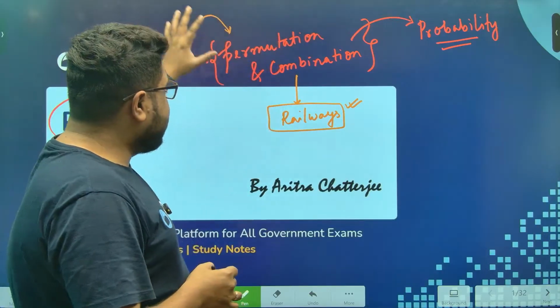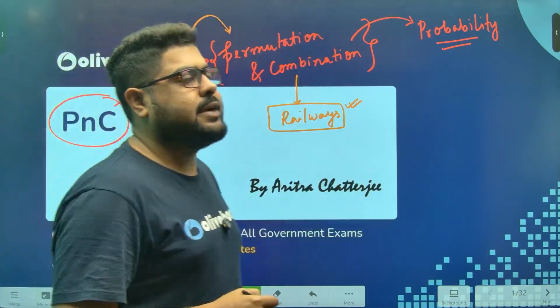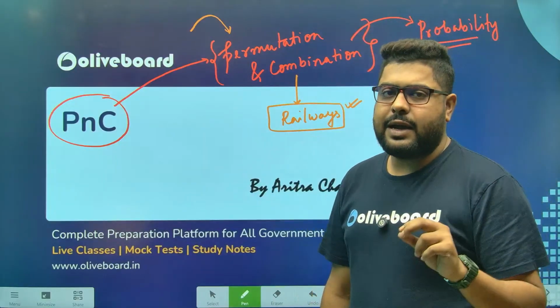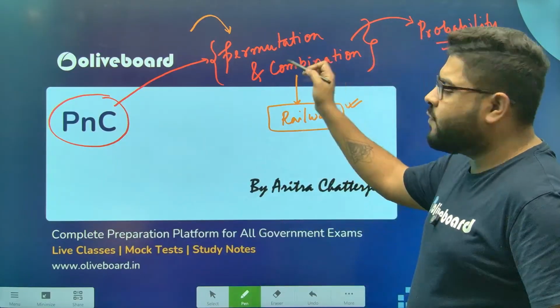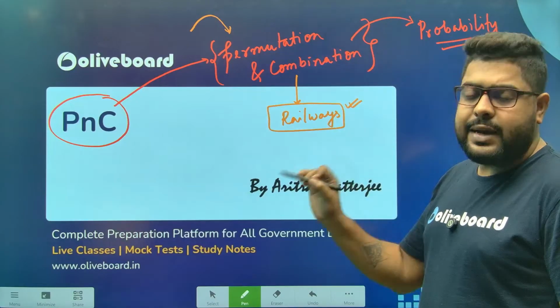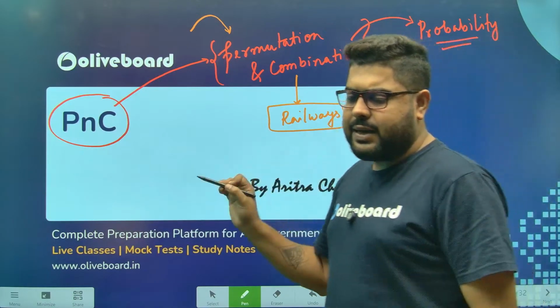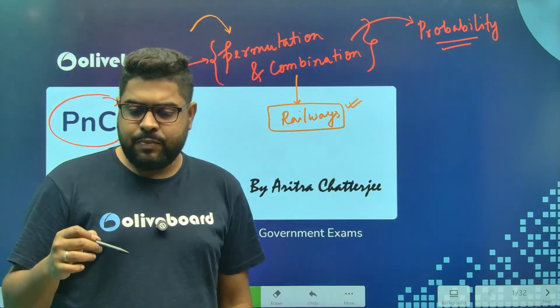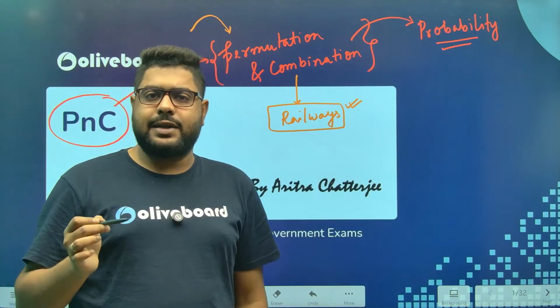So again, you need to learn this chapter, and this is a chapter where I will not advise you to go by formula. It is a pure and simple chapter where you need understanding. Do not try to remember things; rather, try to understand things.